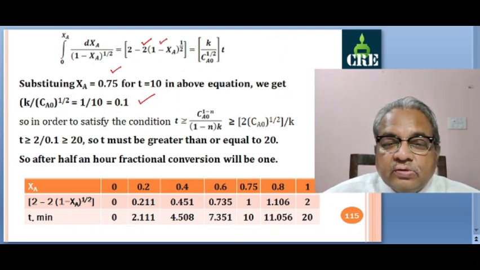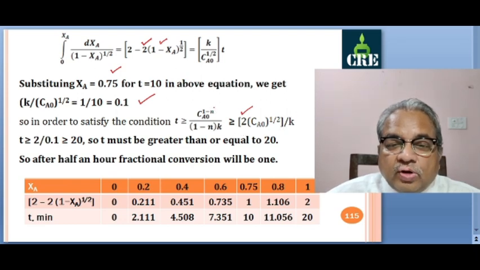We will test the condition t greater than or equal to Ca0 raised to n, 1 minus n by 1 minus n into k. So n is half, so Ca0 raised to half, 1 minus n again is half, so it will be written as 2 into Ca0 raised to half divided by k.